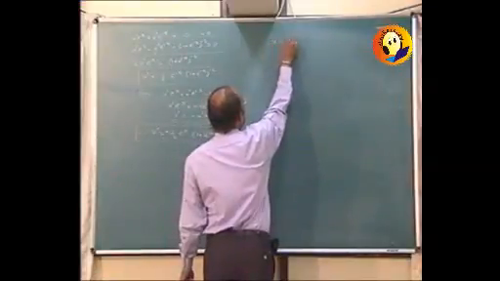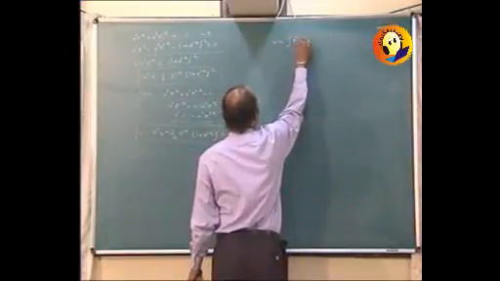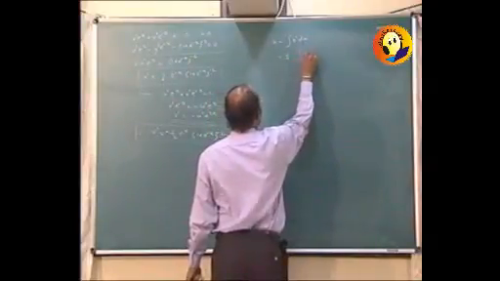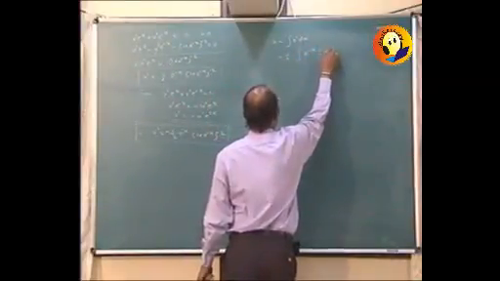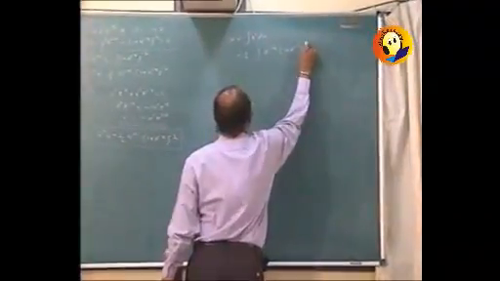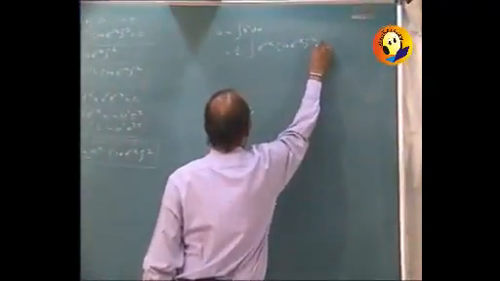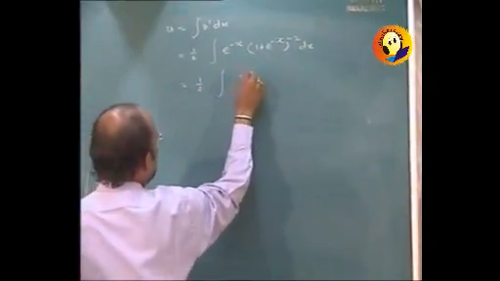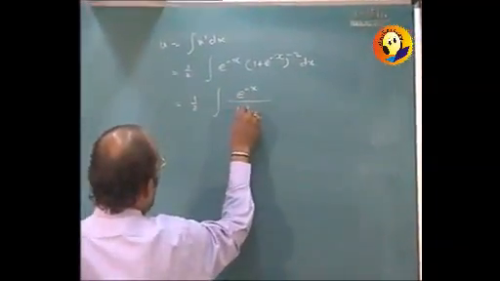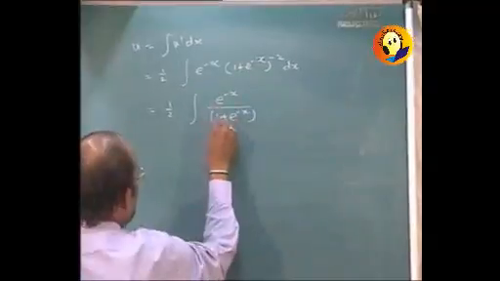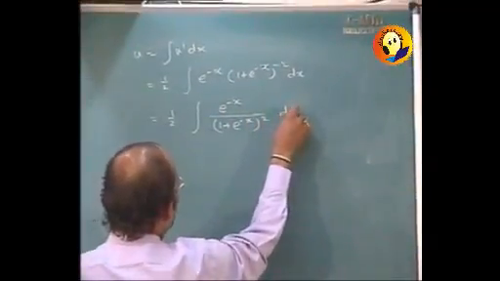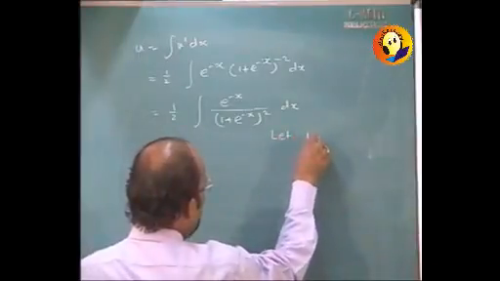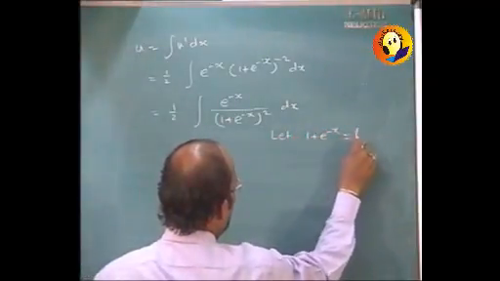u is equal to integral u dash dx, which can be written as half integral e raised to minus x into (1 plus e raised to minus x) raised to minus 2 dx. Let us write it in our usual form, that is integral e raised to minus x divided by (1 plus e raised to minus x) square dx. Substitution suggested by the nature: let 1 plus e raised to minus x is equal to t.